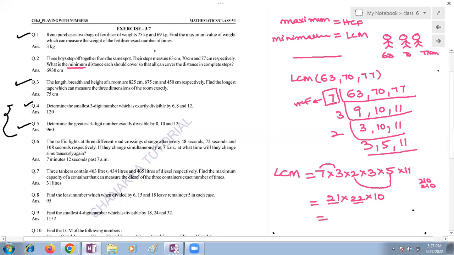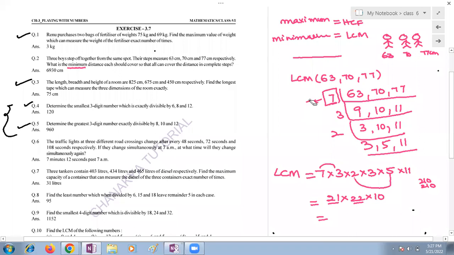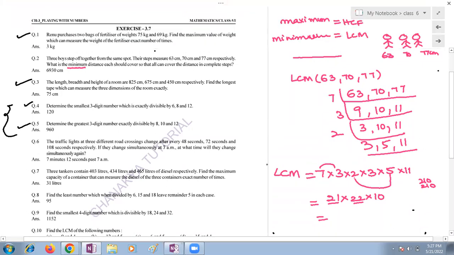One more thing I found: in 63, 70 and 77 we found a difference of 7, so in such cases we can directly take 7 as a multiplier. They are asking for the minimum distance, that's why we are going with the LCM, Nana.